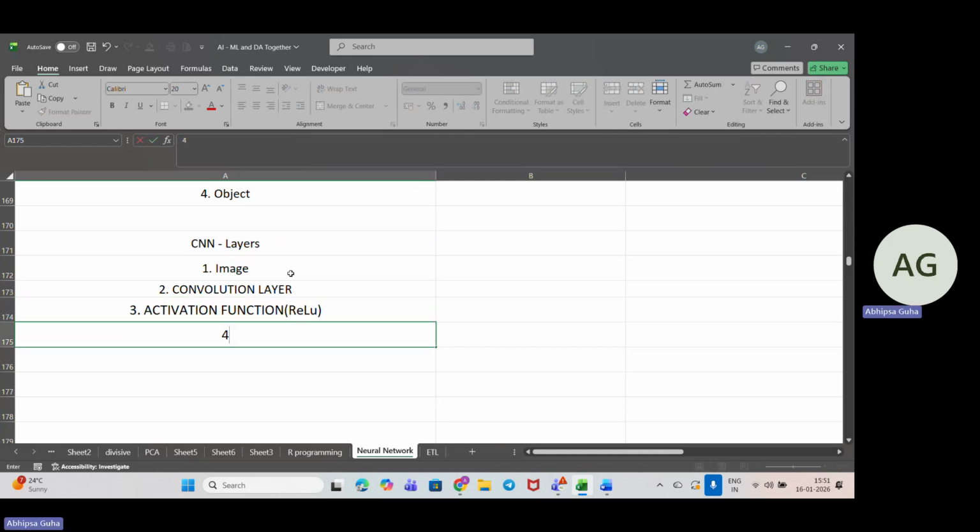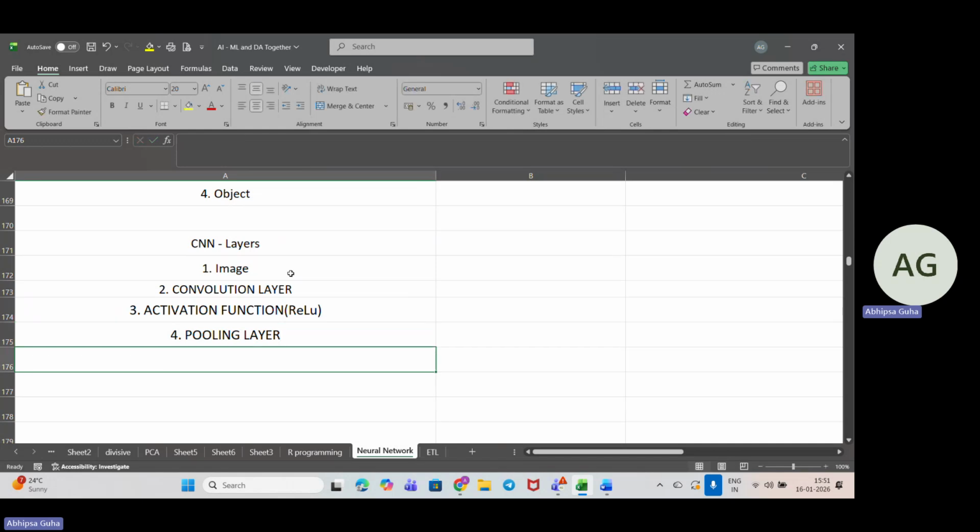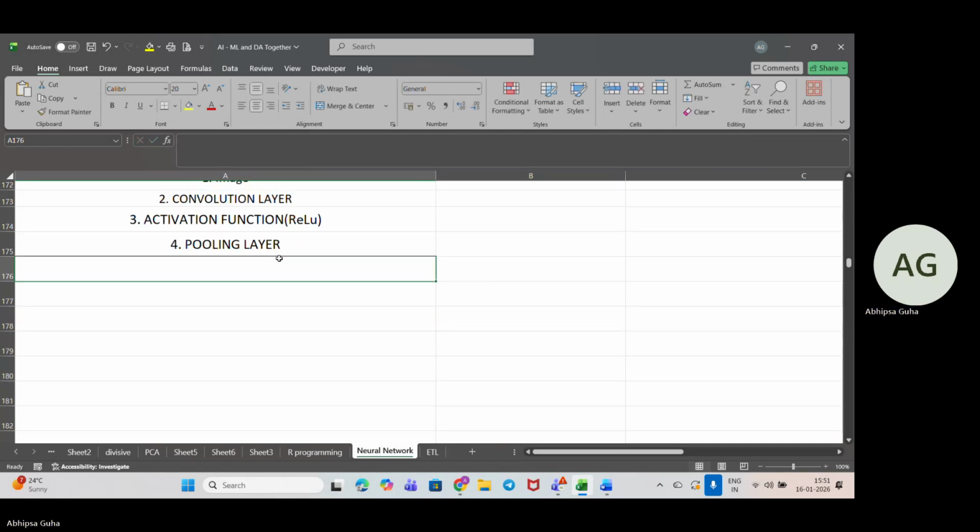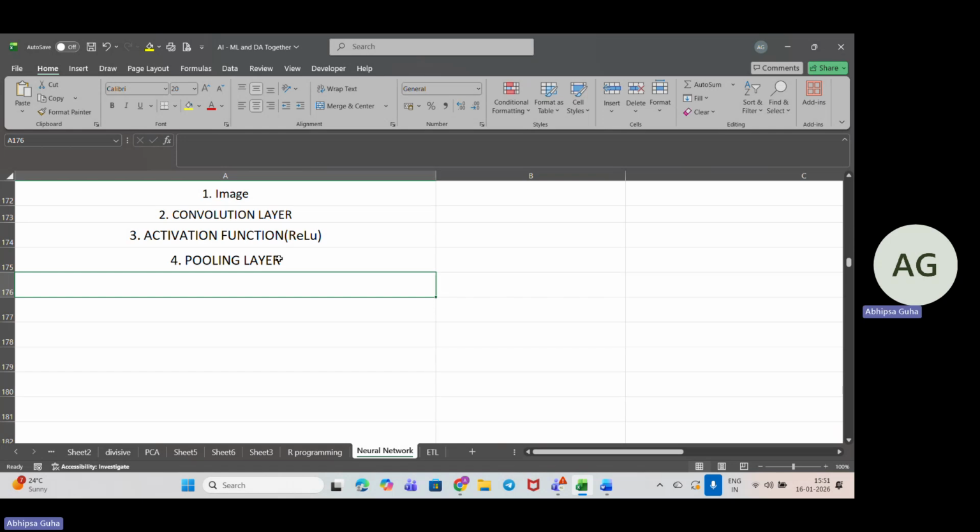Next, we have the pooling layer. Then we need to repeat this many times after the pooling layer. Then we go down to flatten, right? Then we move down to the fully connected layer.